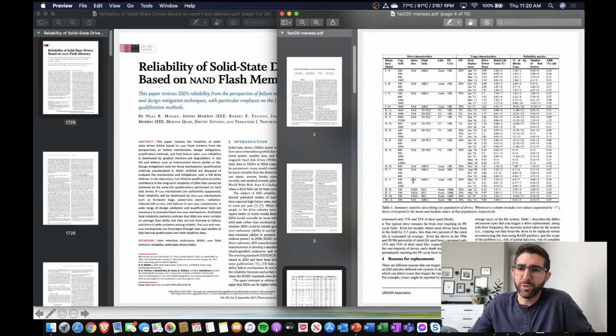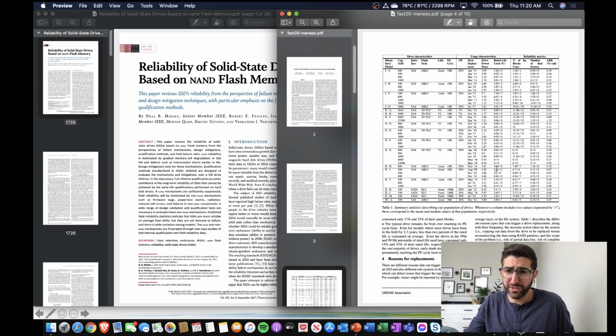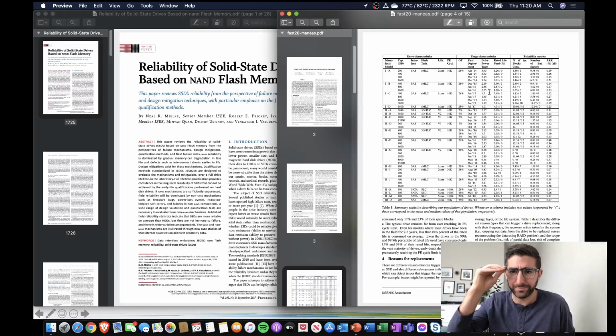One is the correlation of drive size and failure rates, and again that goes to the firmware issues about firmware being more complex. It goes into the difference between TLC and MLC and different drive writes a day, and whether there's any correlation with that kind of failure. But the most interesting thing I saw out of the study was that SSDs don't fail very often.